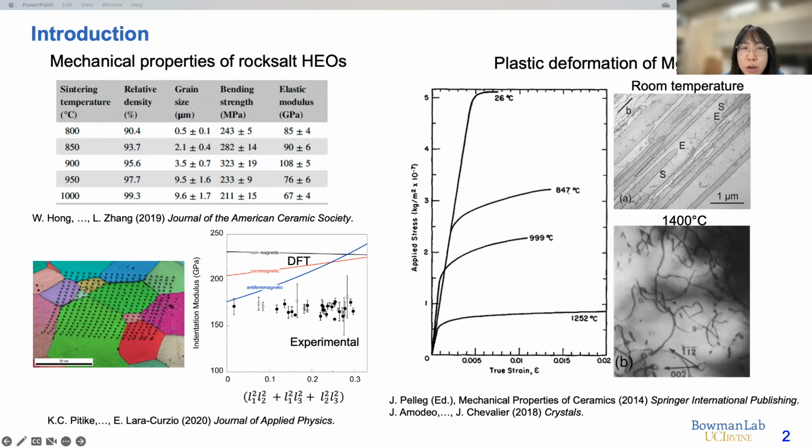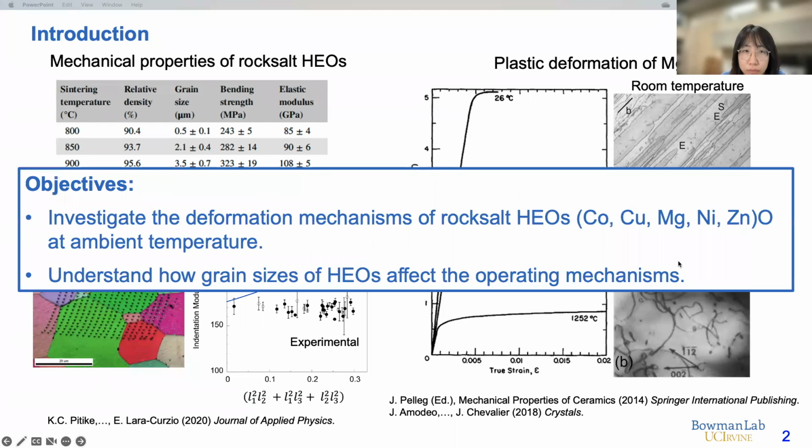By seeing all these preliminary results on high entropy oxide and other conventional oxides, we hypothesize that, similar to the rock salt MgO, the novel high entropy oxide can exhibit noticeable room temperature plasticity and some grain size dependent mechanical behavior at room temperature.